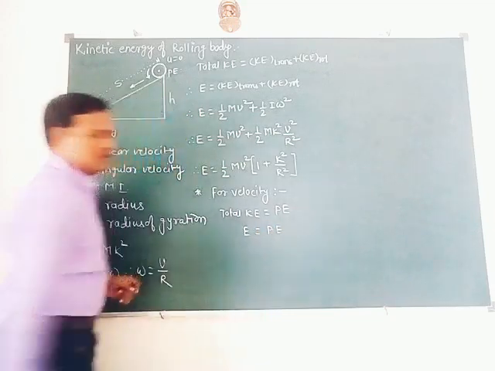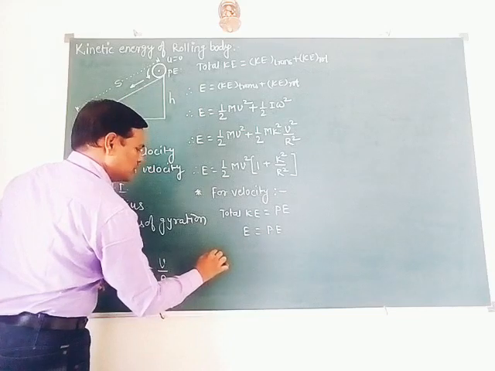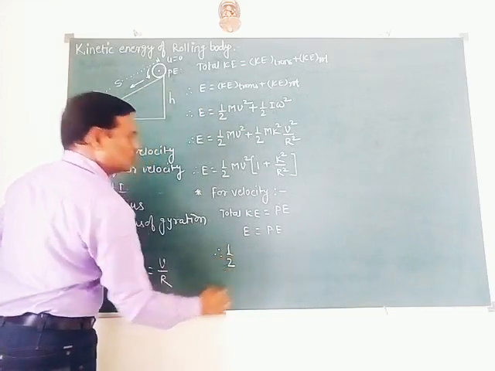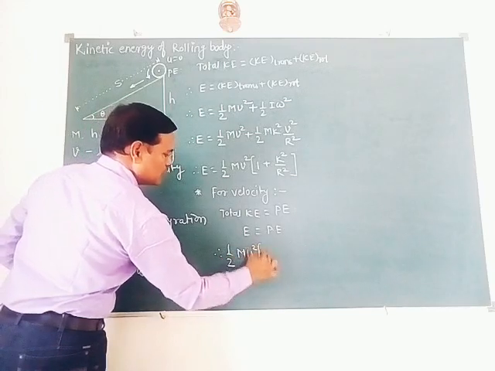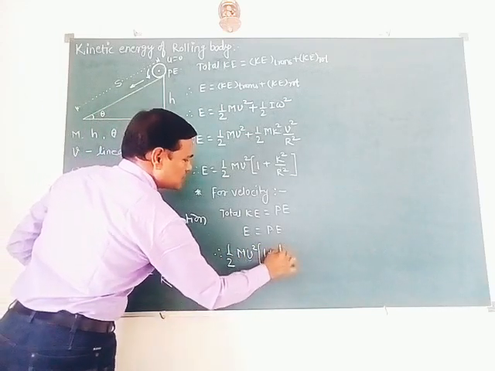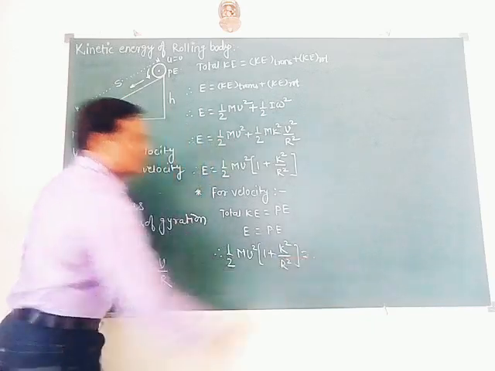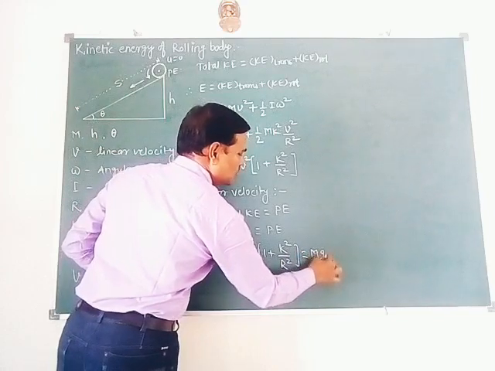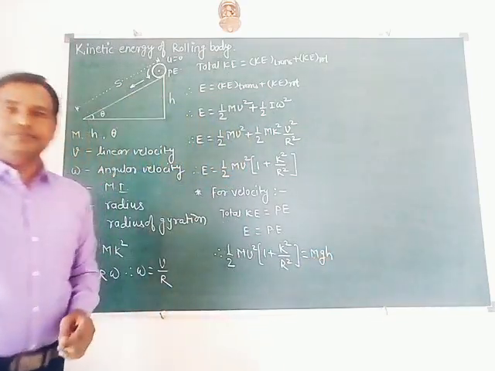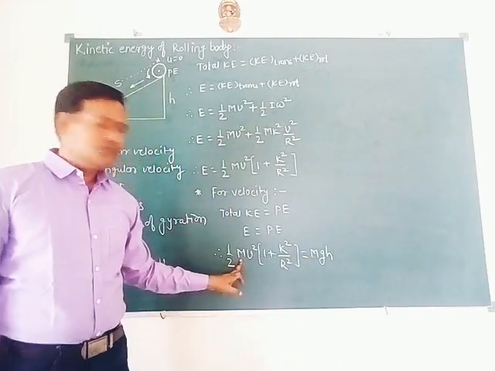We can write this as, but this total kinetic energy is this one. So we can write here 1 by 2 capital M V square in bracket 1 plus K square by R square is equal to, what is the potential energy? It is M into G into H. See here, M gets cancelled.